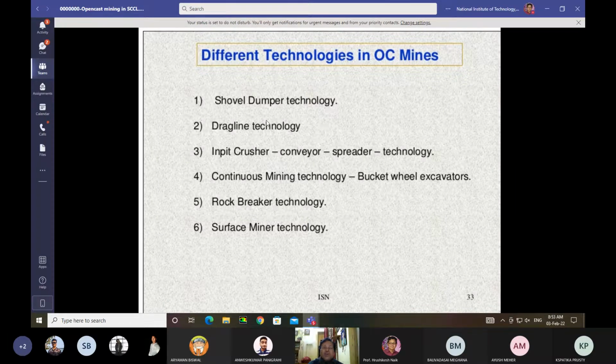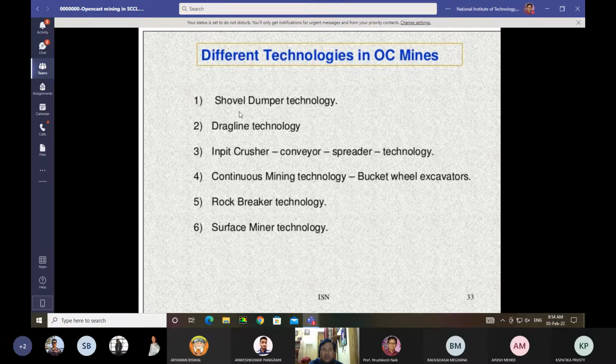So what is shovel dumper technology? The shovel dumper technology is a technology where you have to use the shovels for loading the material to the dumpers. Shovel is a loading machine, dumper is a transporting machine.